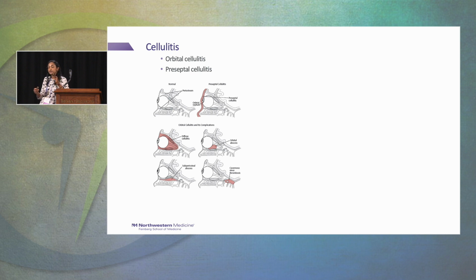Of course, the most feared complication of orbital cellulitis would be posterior extension into the cavernous sinus and then potentially even intracranially. That last picture is a little deceptive, because usually if you have cavernous sinus inflammation or infection, it also involves the orbit. It's probably not in isolation.